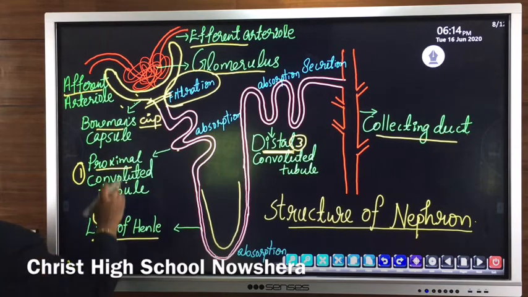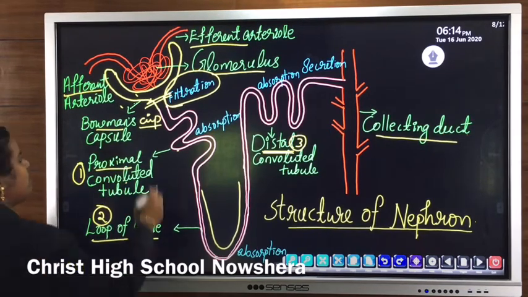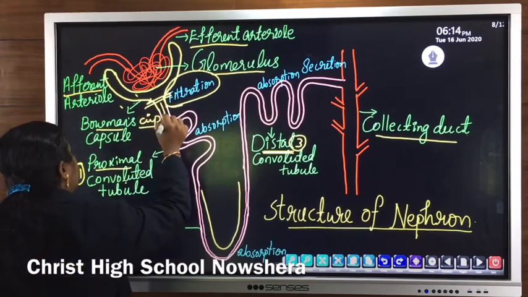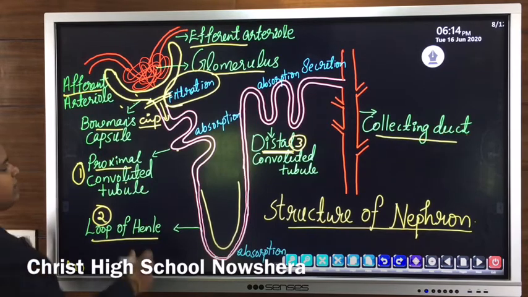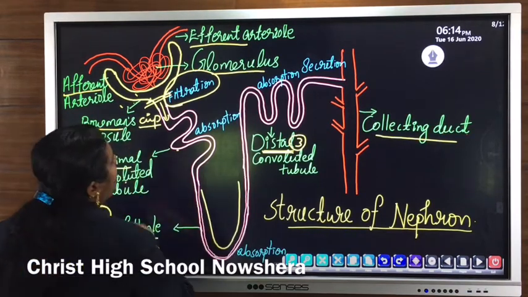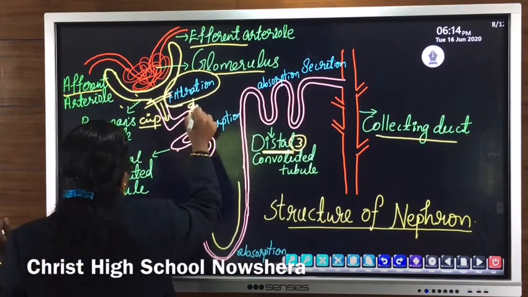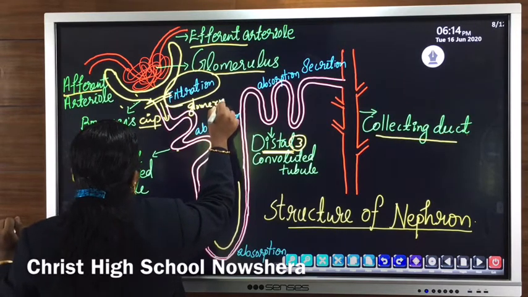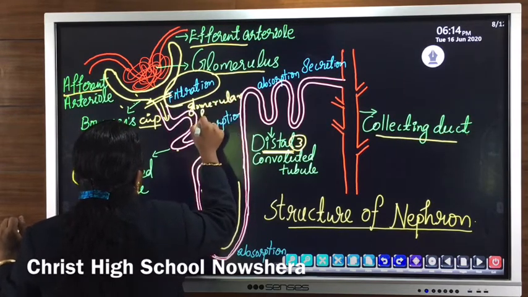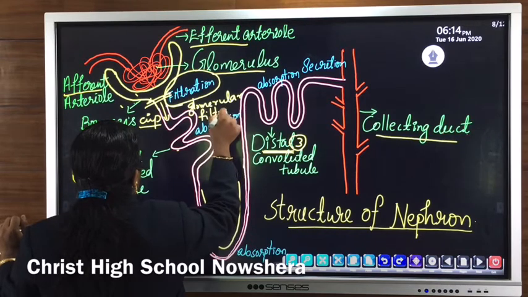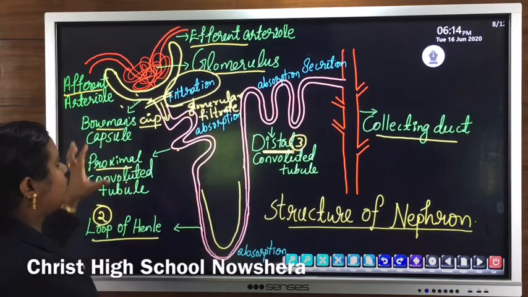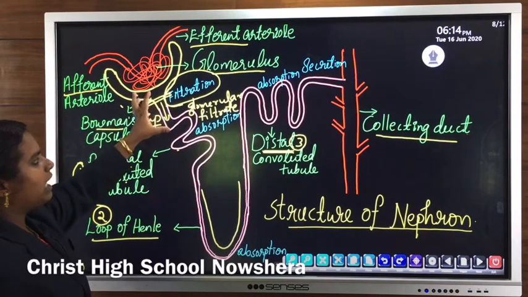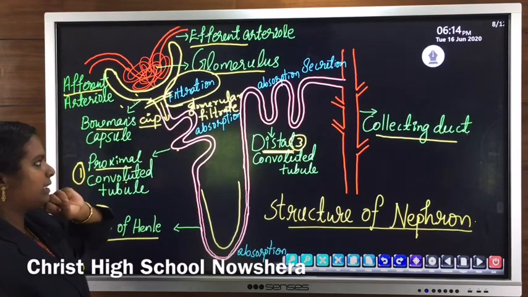Clear? Then after the filtration process, the substance which comes to the proximal convoluted tubule is known as glomerular filtrate. The substance that is formed after the filtration process is known as glomerular filtrate.